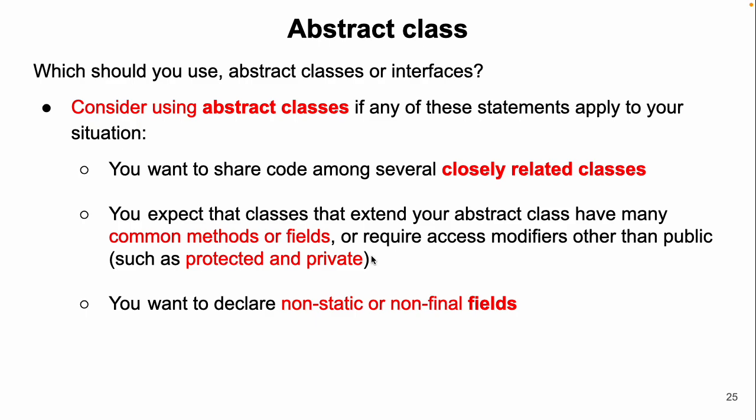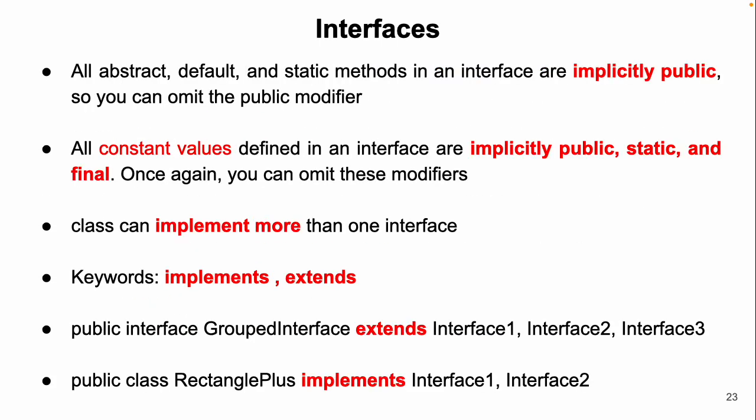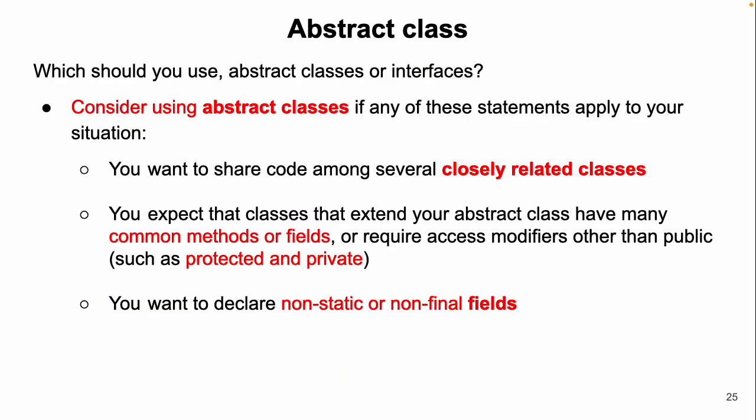And when you want to declare some non-static or non-final fields, in an interface, as you have seen, all the fields must be static and final. But here, if you want to declare some field as a non-final or non-static field, then you can go for abstract classes.